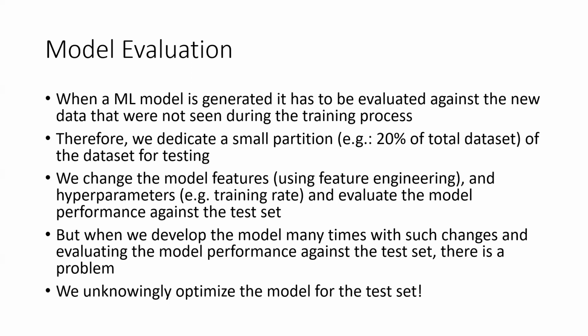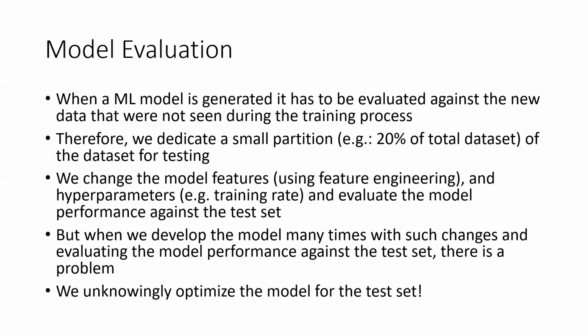But actually, there's a problem. There's a big problem, right? The engineer or the user or the data scientist is selecting these different feature engineering techniques and hyperparameter optimization techniques for having the least amount of error, right?